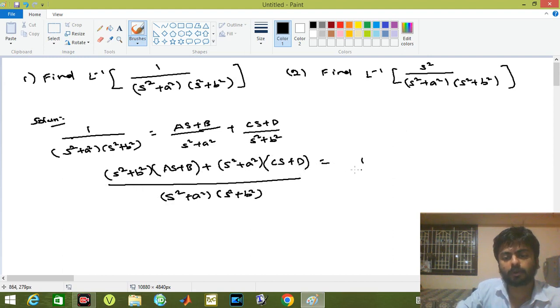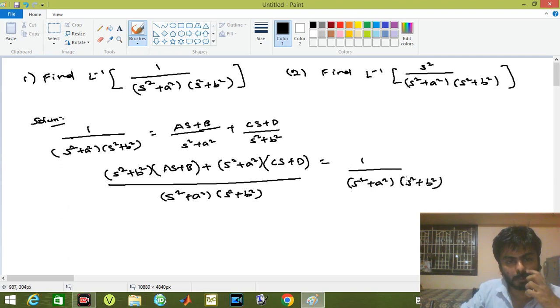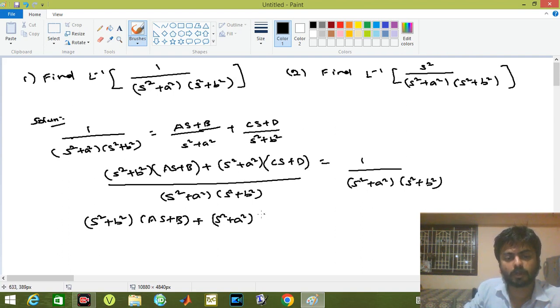This is equal to 1 divided by (s square plus a square) into (s square plus b square). So we can have (s square plus b square) of (as plus b) plus (s square plus a square) of (cs plus d) equal to 1.